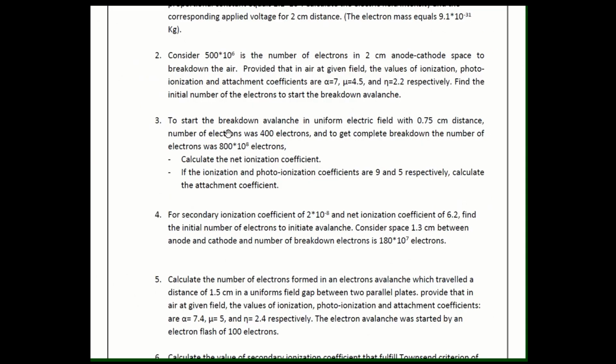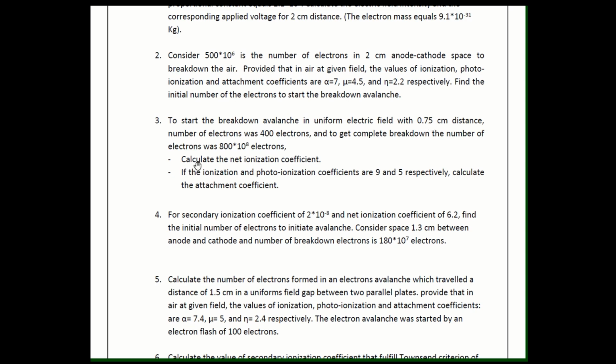To start the breakdown avalanche in a uniform electric field with 0.75 centimeter distance, the number of electrons was 400 electrons, and to get complete breakdown, the number of electrons was 800 into 10 to the power 8. So NBD is 800 into 10 to the power 8, N0 will be 400, and the distance will be 0.75.